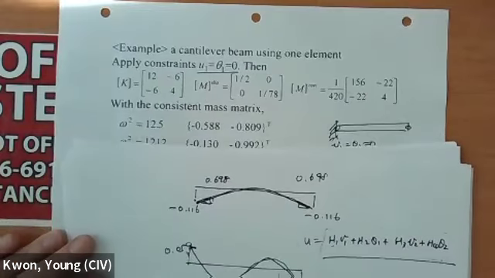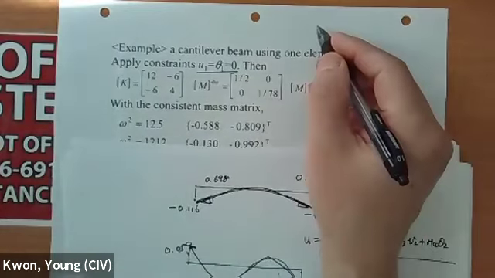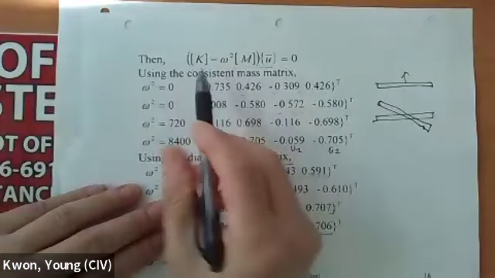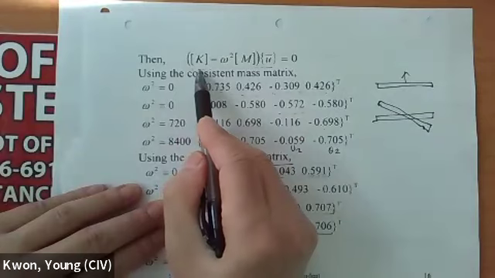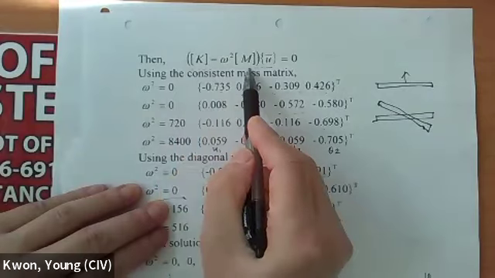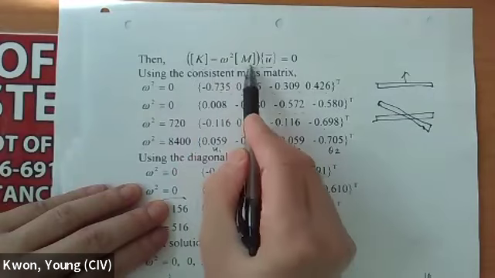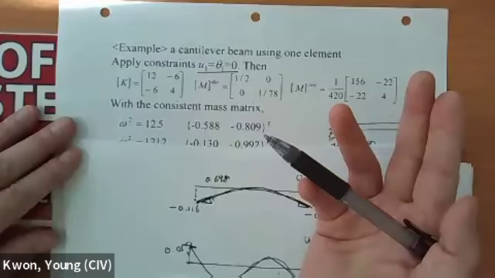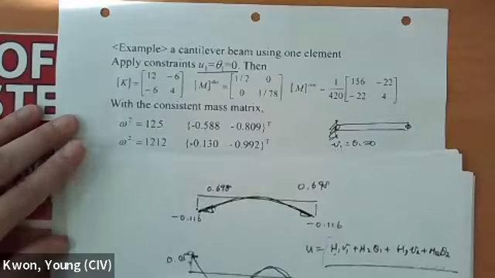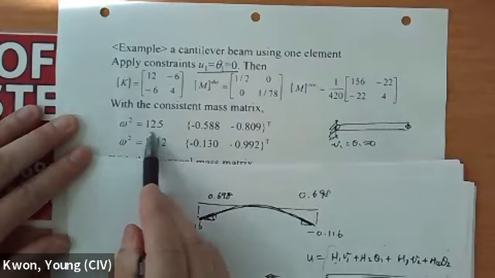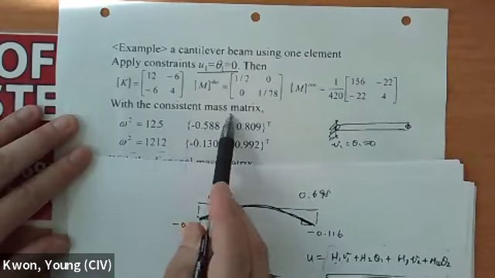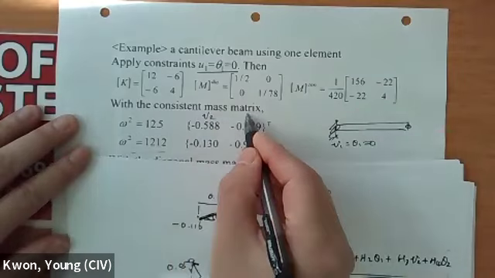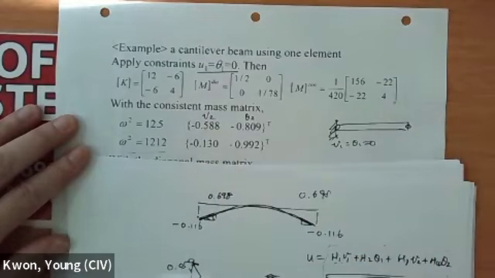Then you do the same eigenvalue calculation, except that previously this was 4 by 4, but now this is 2 by 2. So a 2 by 2 equation means you're going to have 2 eigenvalues and eigenvectors. This is the eigenvalue using the consistent mass matrix, and those are the eigenvectors. This is obviously V2 and theta 2, because V1 and theta 1 are 0.